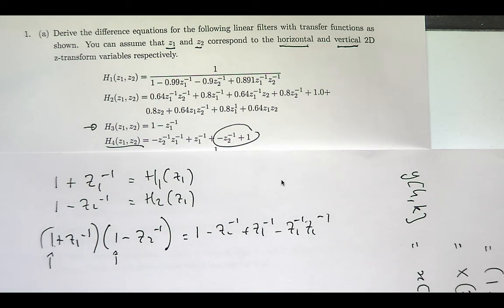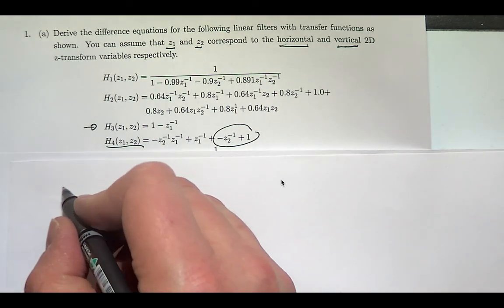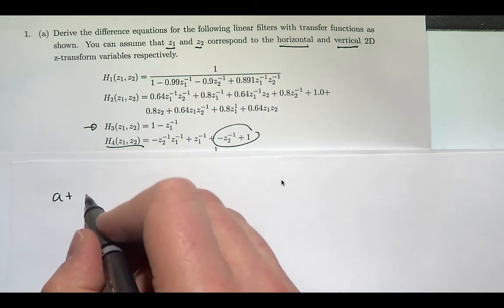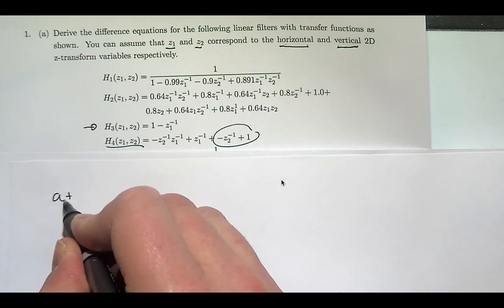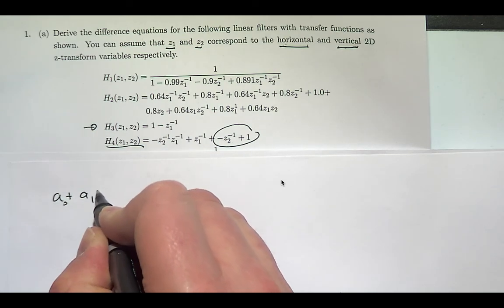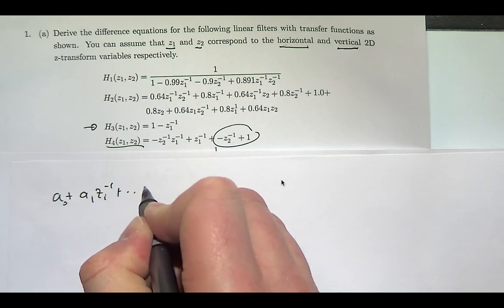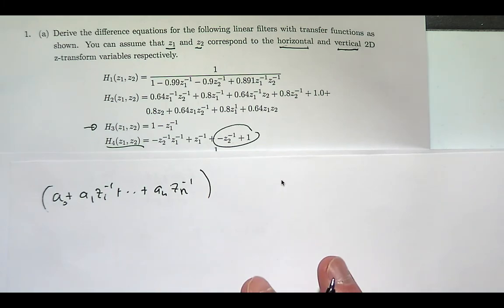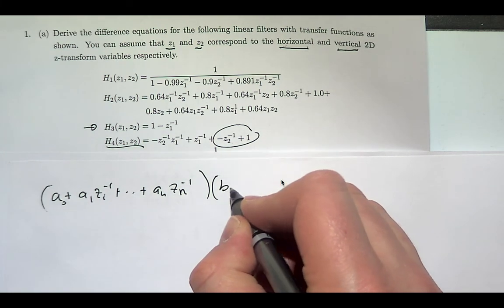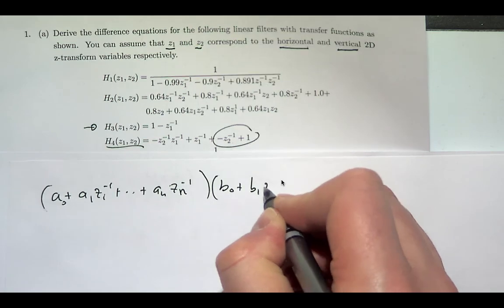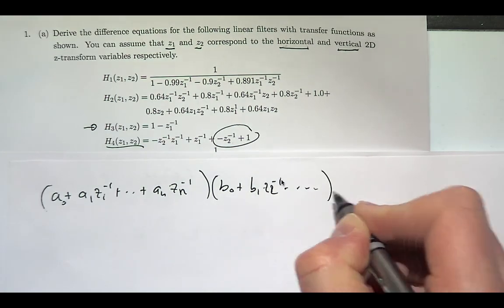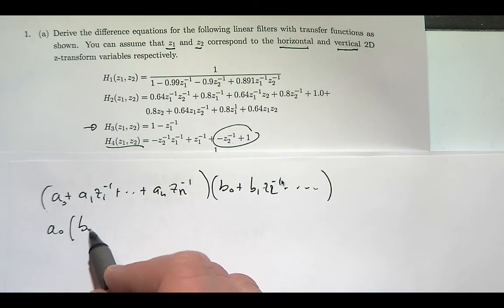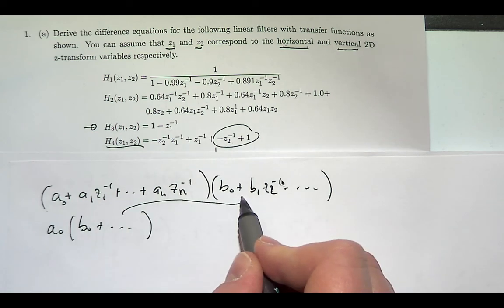All right, so see that differently. If you're looking for something of the form A plus, and you have here, say, B0 plus B1, C2, and so on, when you multiply, you have A0 times B0 plus, so you have this term here.